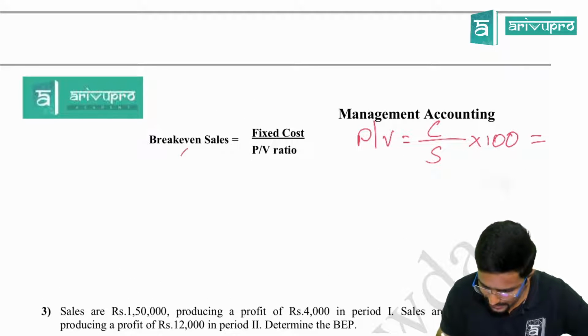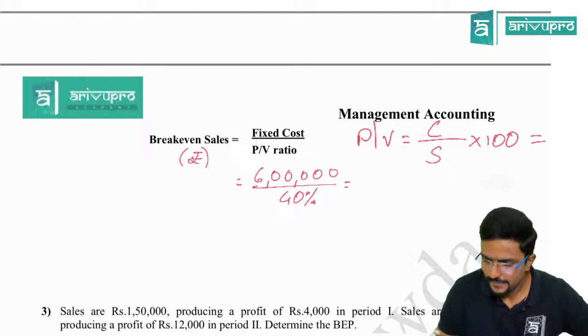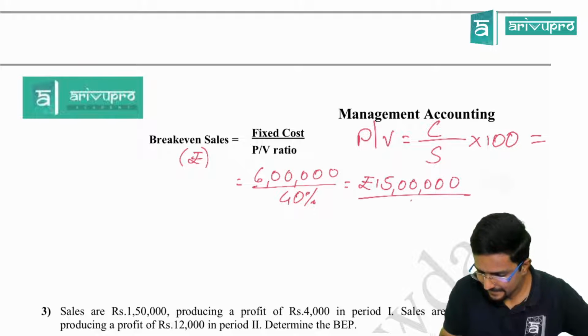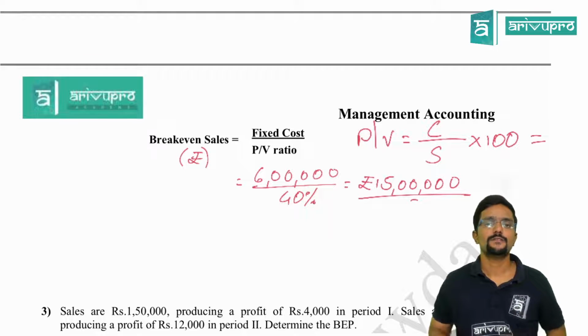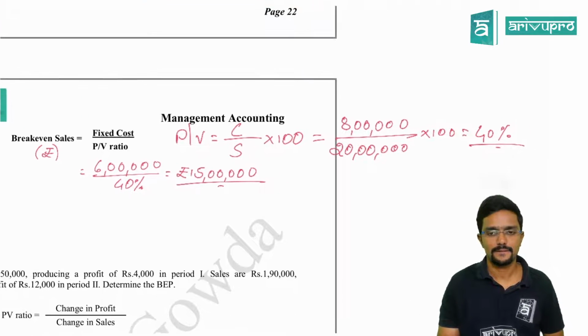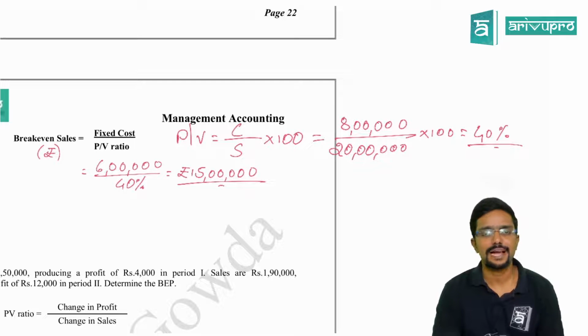Okay. Now coming to break-even sales. So break-even sales I am calculating in rupees, guys. So fixed cost is 6 lakh divided by PV ratio is 40%. So how much is that? 15 lakh. Please take down. This is my answer.